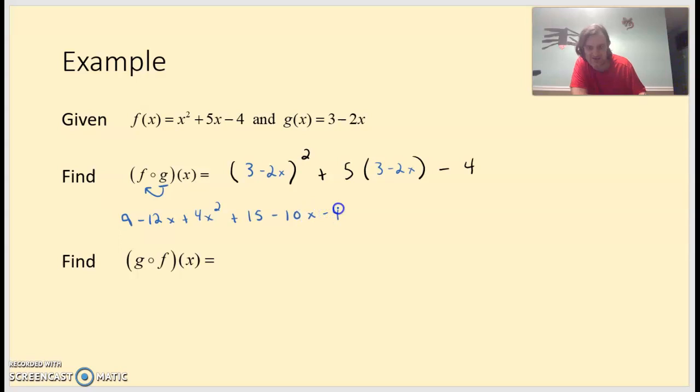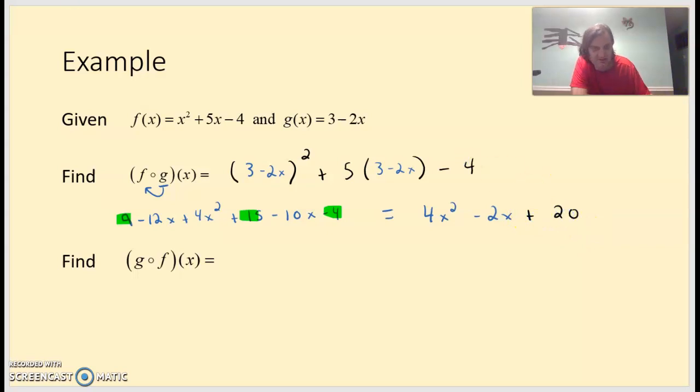And then minus 4. So if I collect like terms and order the polynomial, I'll have 4x squared, and I'll have negative 22x, and then there's a constant. That looks like it would be 9 plus 15 minus 4, which is 20.